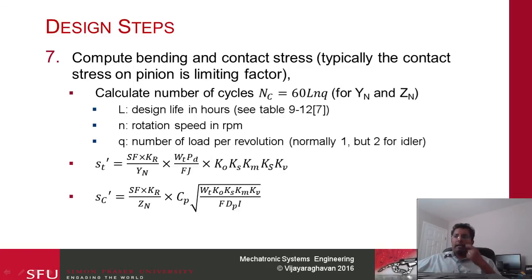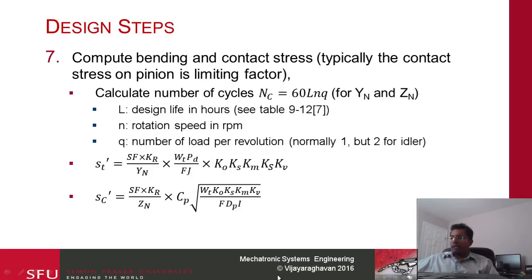Then we'll calculate ST prime, which is a corrected value, or basically the design or the required value for our stress for the material property of the material that we will select. This is from the previous equations, we just jumbled them around.